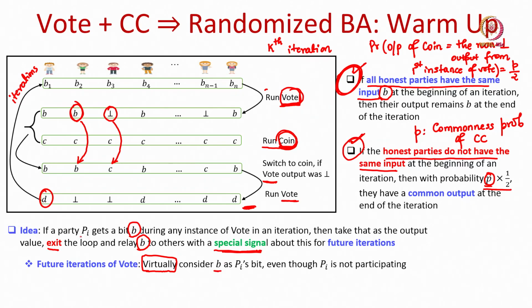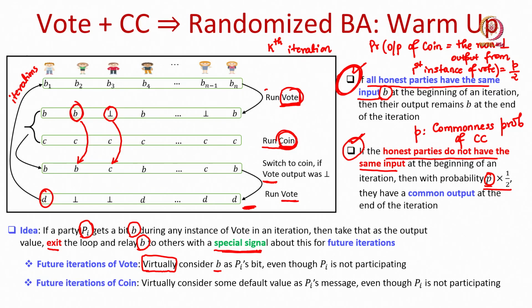Of course, if pi is honest, it will do it only when it indeed gets a bit as the output during the instance of a vote, but if pi is a corrupt party, it may unnecessarily send a halting instruction, but that is fine. We need to ensure that the participation from the honest parties is continued either virtually or physically in all the instances of vote till all the honest parties terminate the protocol.